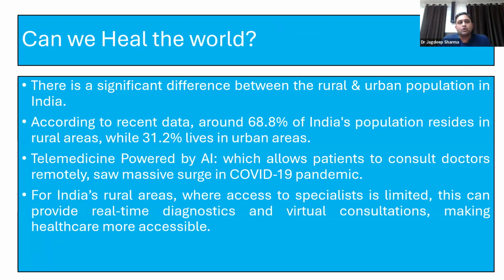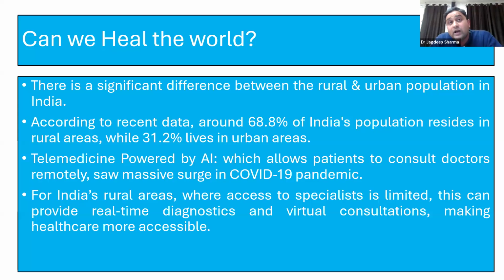So now coming to the first question I asked in my first slide: can we heal the world? There is a significant difference between rural and urban population in India. By data, around 68.8% of India's population reside in rural areas. And we saw that telemedicine powered by AI, which allows patients to consult doctors remotely, saw a massive surge in the COVID-19 pandemic.